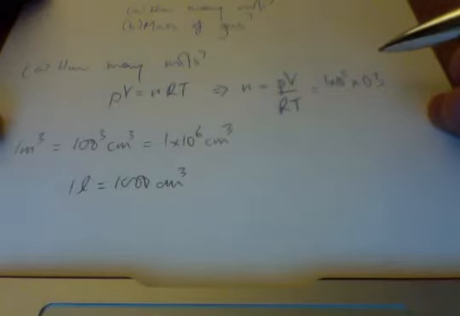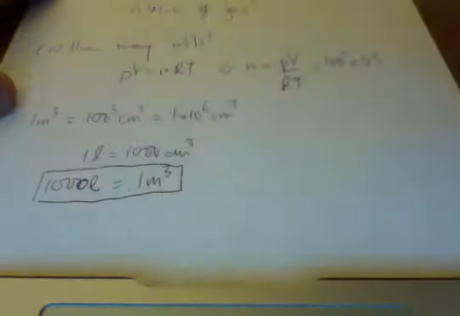So it would be fair to say that we could fit 1,000 litres into 1 metre cubed. That is the relationship you ought to bear in mind. Actually, I'm going to put a big box around the whole of that proof so you know that it's outstanding.